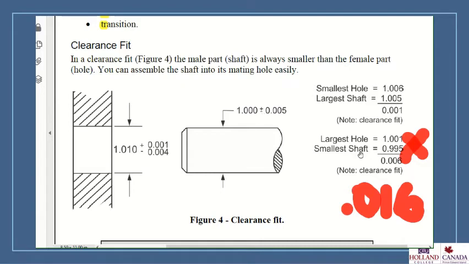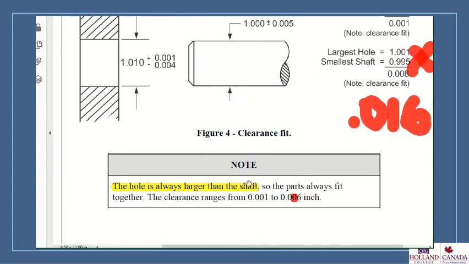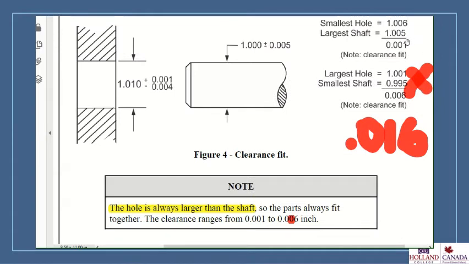So the smallest the shaft could be is 0.995, and when you do the proper math on this, it ends up being 0.016, a clearance fit as well. So the hole is always larger than the shaft, so the parts always fit together. The clearance ranges from 0.001, as we saw in the calculation on the top, to 0.016, the calculation on the bottom.